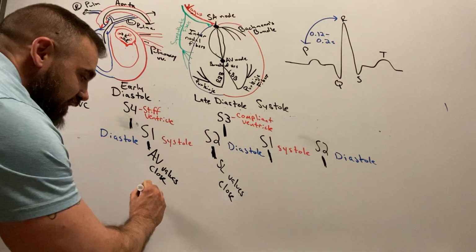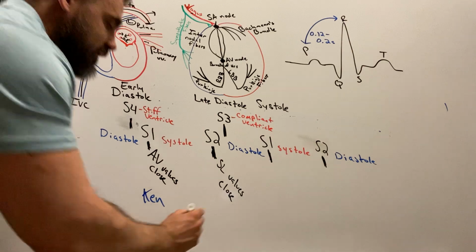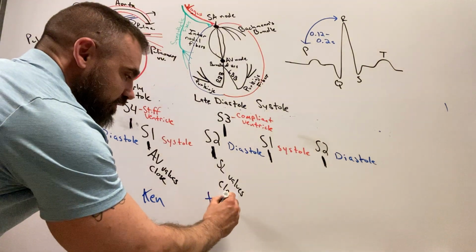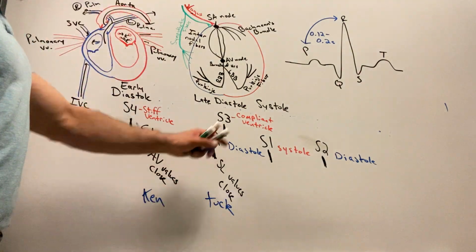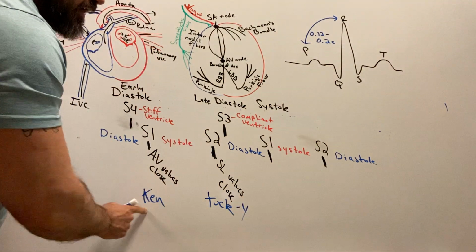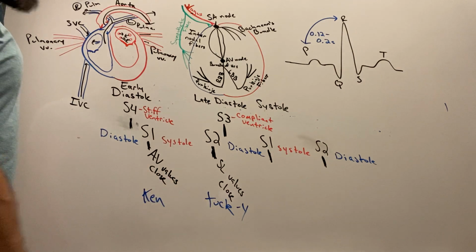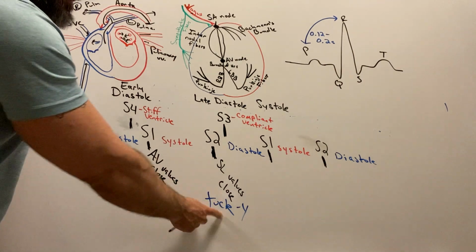So S1 is Ken, S2 is Tuck, and S3 is Y. Kentucky, Kentucky, Kentucky.